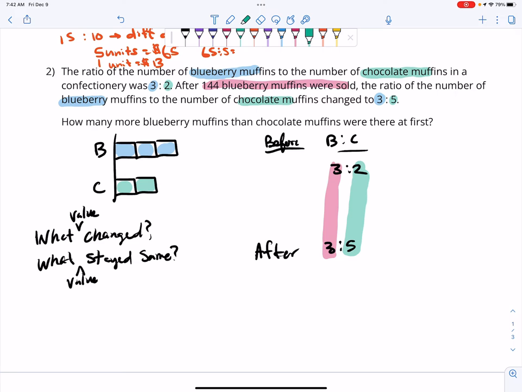Now, 2 doesn't multiply nicely into 5, but I know 2 and 5 are both factors of 10. And so I'm going to turn my chocolates into a ratio where the value of the chocolate term is 10. And so for me to make this into a 10, I have to multiply that by 5. And so I'm also going to have to do that same thing to the blueberries. So now I have my blueberry to chocolate ratio at the before is a 15 to 10. So I'm going to quick show that on our bar model.